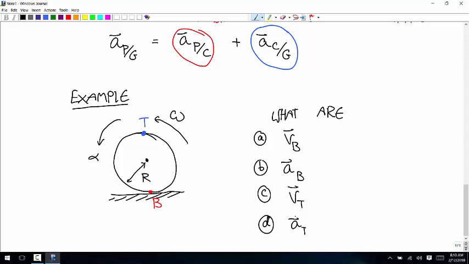All the equations we're using have to do with magnitudes of vectors, so we're going to have to think about directions on top of using the calculations for the magnitudes. So first of all, if the angular velocity is counterclockwise, like it is here, which direction is the center of the wheel moving?